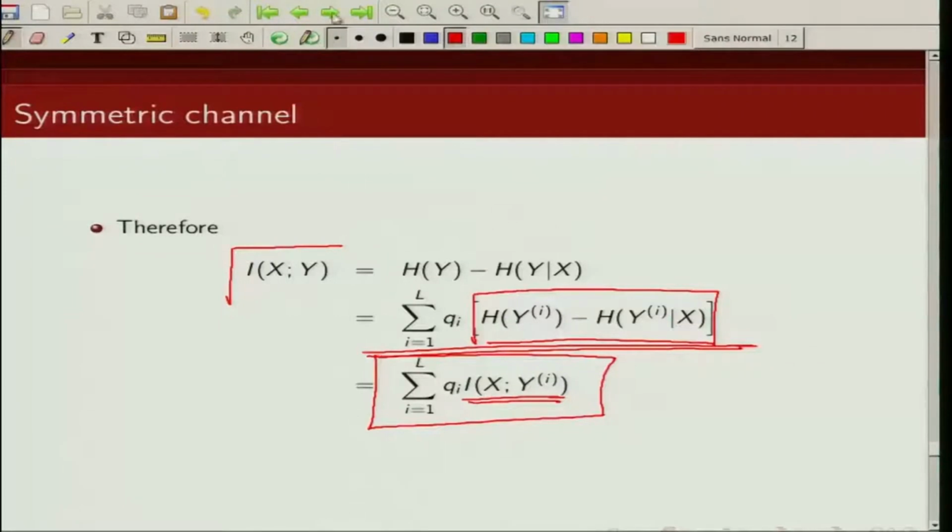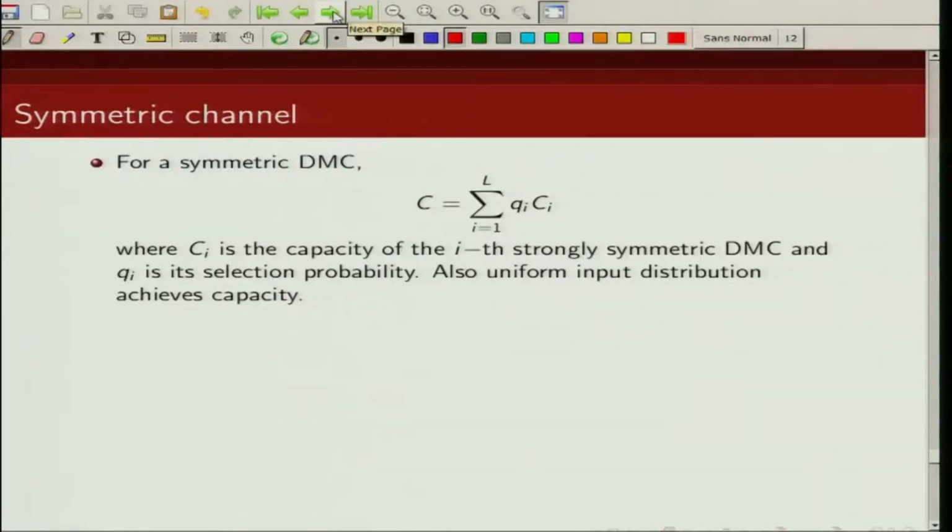Alright, and we are going to exploit this to get the capacity of a symmetric channel. So if we are able to decompose our symmetric channel into strongly symmetric channels, and since it's the same input which goes to all of these strongly symmetric channels, and we know that it is the uniform input distribution that achieves capacity, we should be able to get the expression for the capacity of a symmetric channel after decomposing it into strongly symmetric channels.